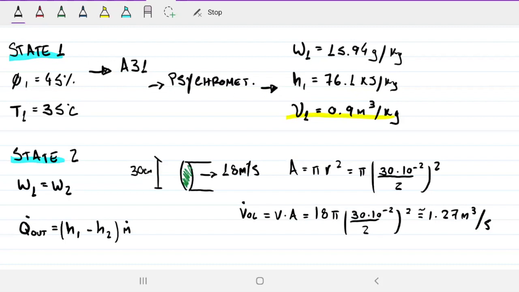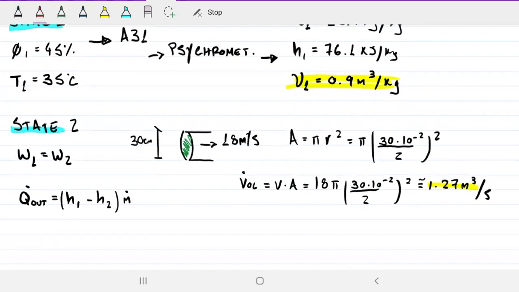And why did I do this? Because now I can combine this information with the specific volume and find my mass flow rate. We know that specific volume is nothing more than volume divided by mass.